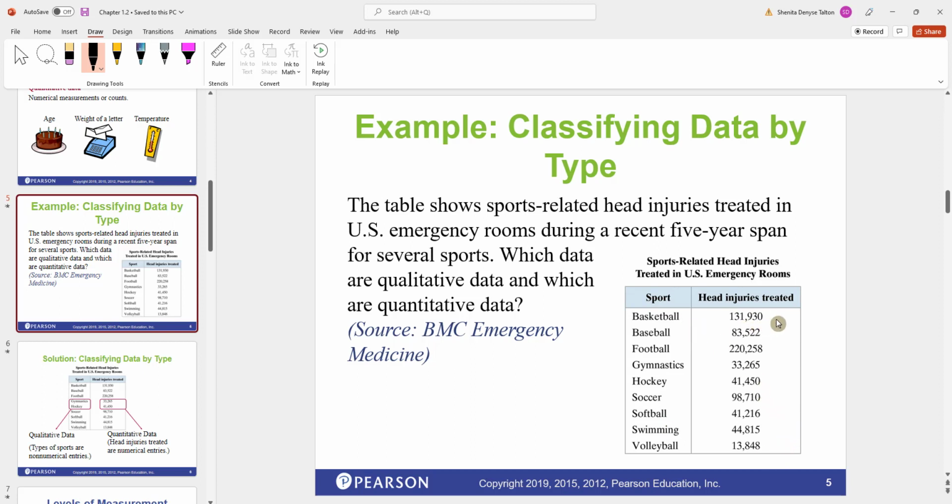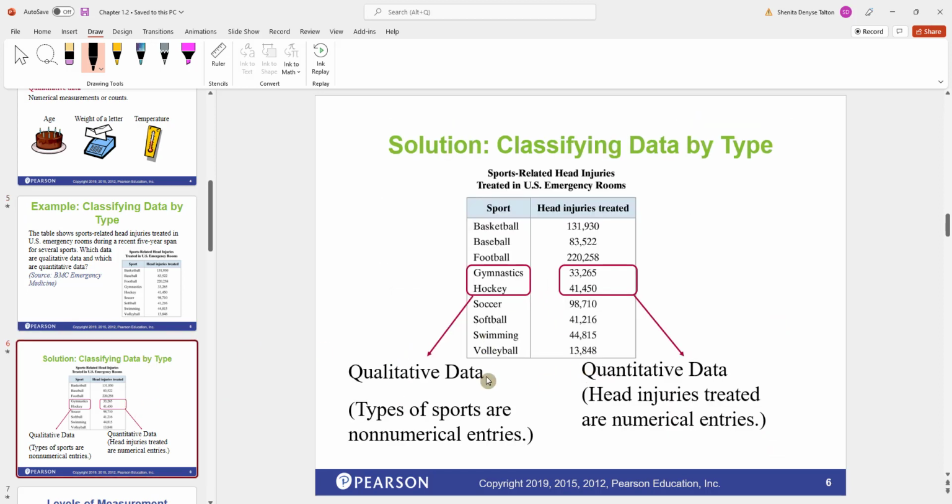It looks like basketball has the most head injuries, volleyball has the least. So the qualitative data, or the categories, will be the type of sport. The head injuries deal with numbers, so those will be quantitative.